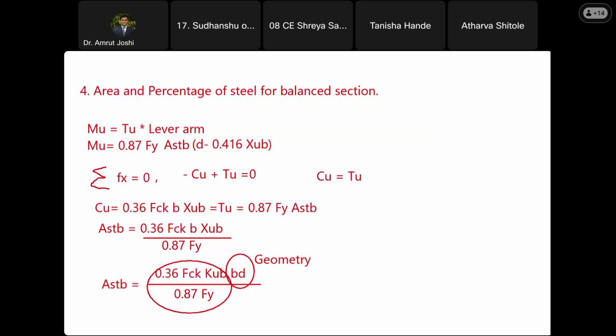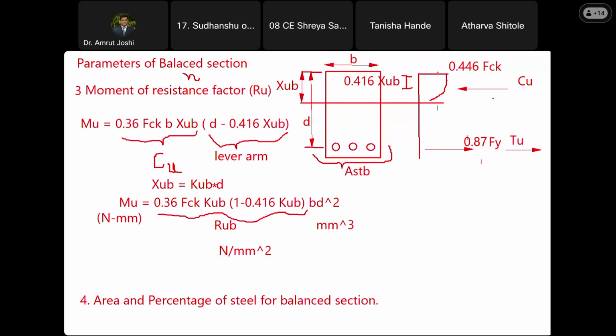This BD is which geometric property? Isn't it the cross-sectional area? If I multiply this B by D, I get cross-sectional area, but it is not the gross cross-sectional area. It is the effective cross-sectional area, isn't it? So what do we call BD?